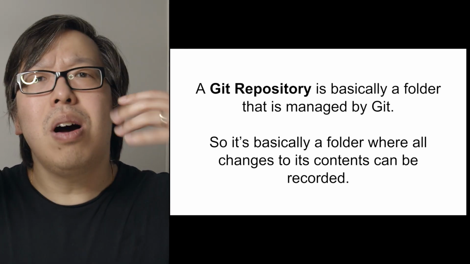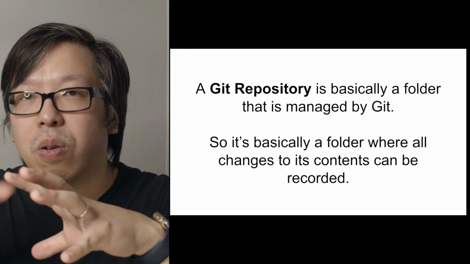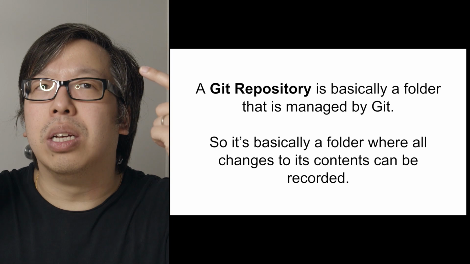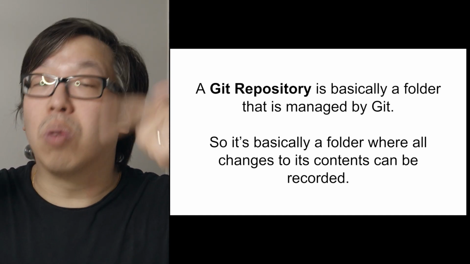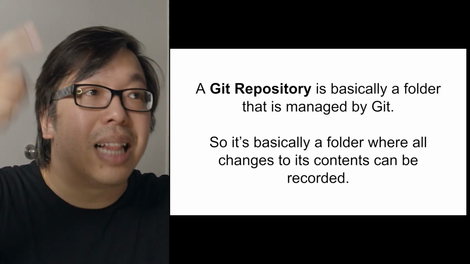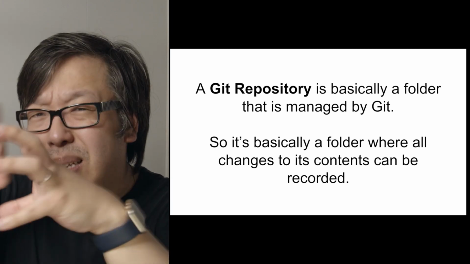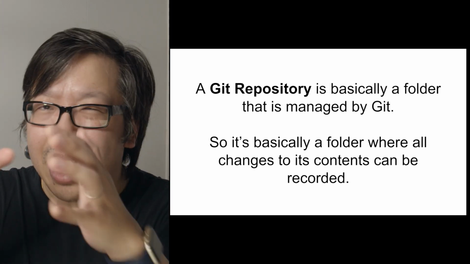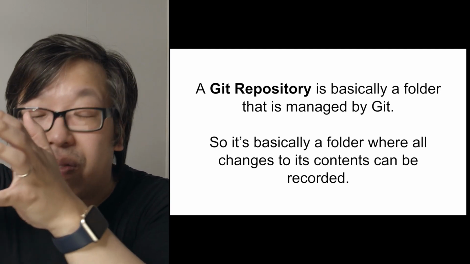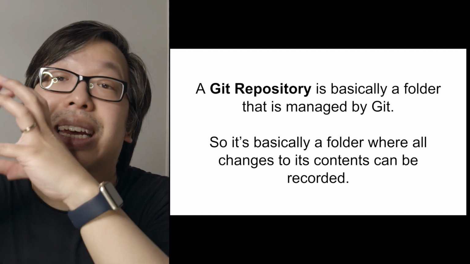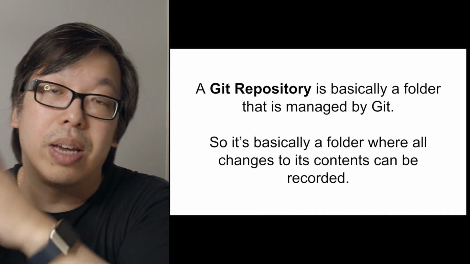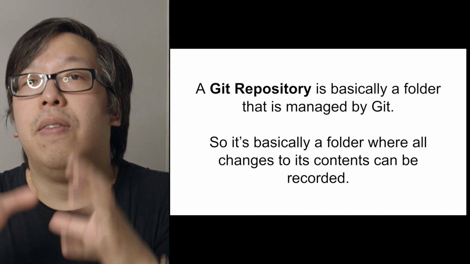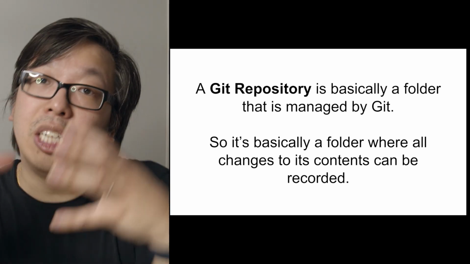So if you want Git to start managing that folder, in other words, Git starts to take notice of when you're making changes and when you want to record changes and who you want to collaborate with, okay? And so you want it to manage that folder, okay? As soon as you tell Git, I want to manage this folder and everything inside that folder, that is called a Git repository.